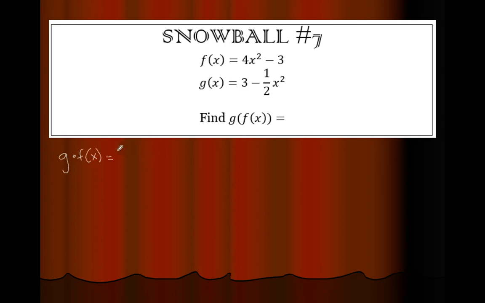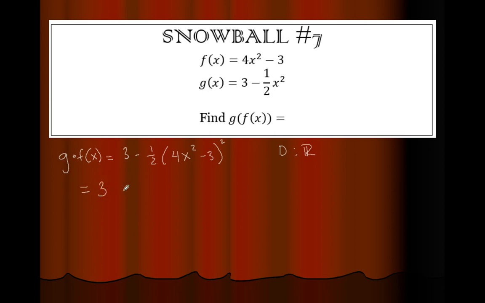I'm going to be plugging f into g. So 3 minus 1/2 times 4x squared minus 3, squared. Oh boy. Actually, what's the domain? All real numbers. There are no restrictions. It looks more complicated than it is.